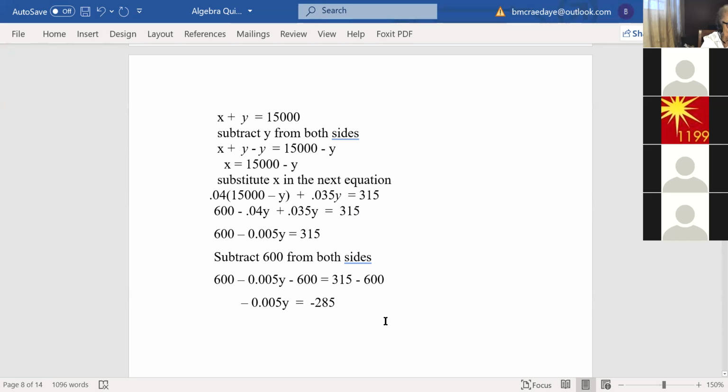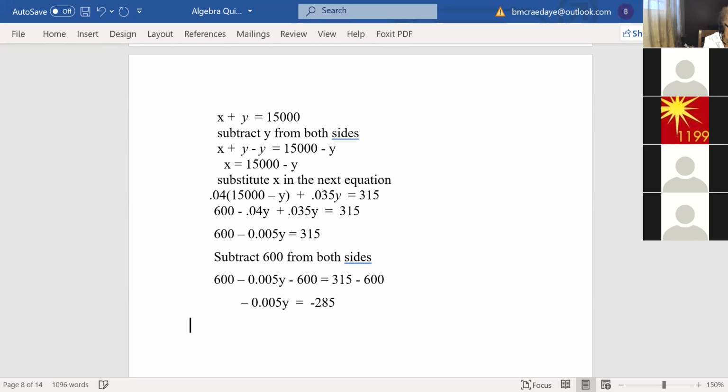What do I do to both sides to solve for y? We subtract 285? No. Y is connected to 0.005 by multiplication. Audrey, what's the opposite of multiplication? Division.